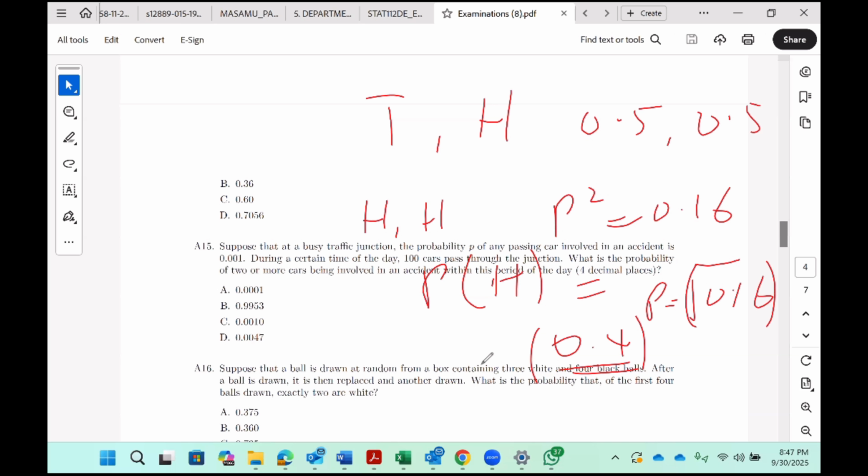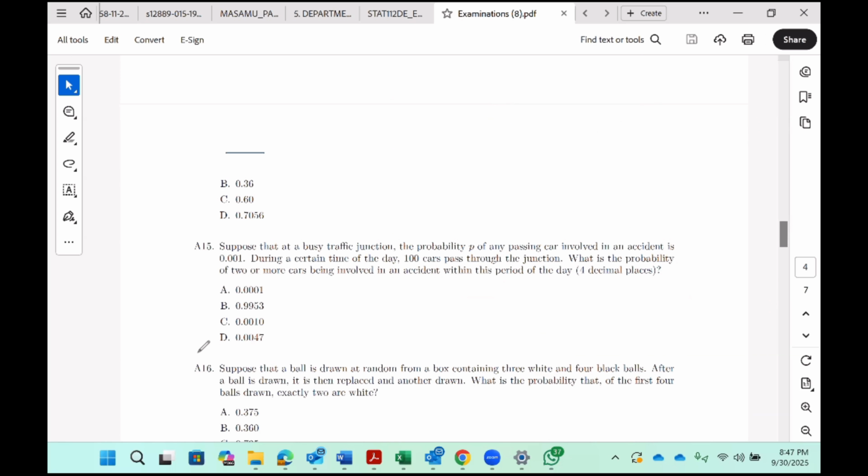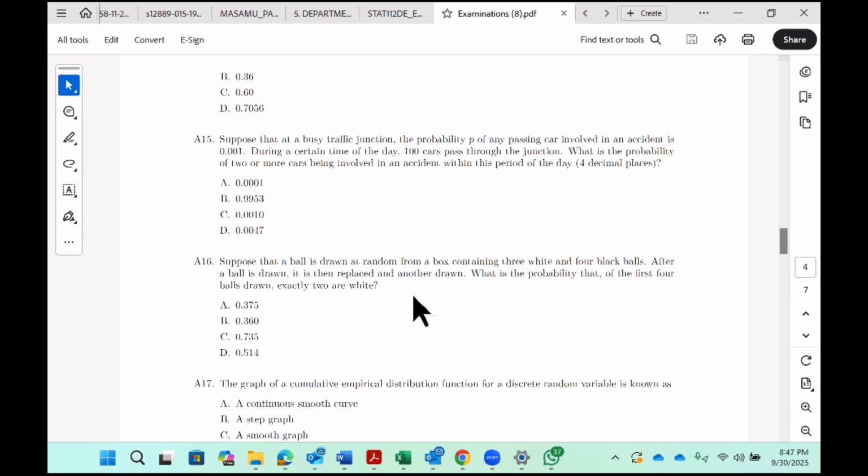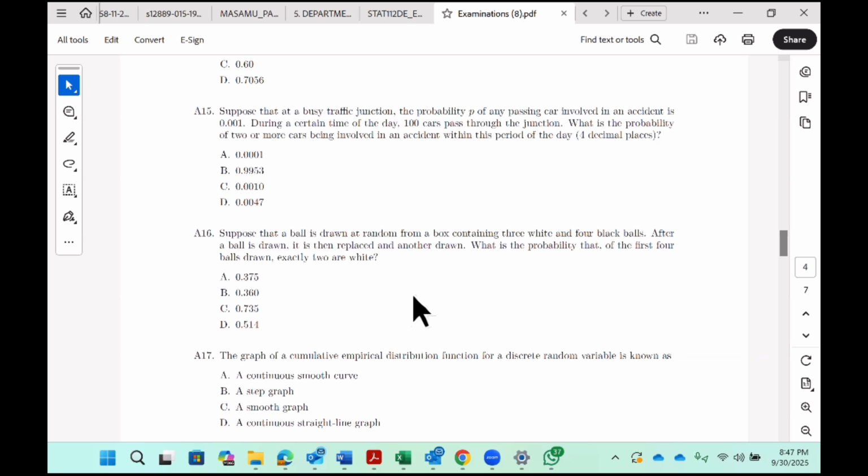Then, our questions are many. Okay, 15. Suppose that at a busy traffic junction, the probability P of any passing car involved in an accident is 0.001. During a certain time of the day, 100 cars pass through the junction.